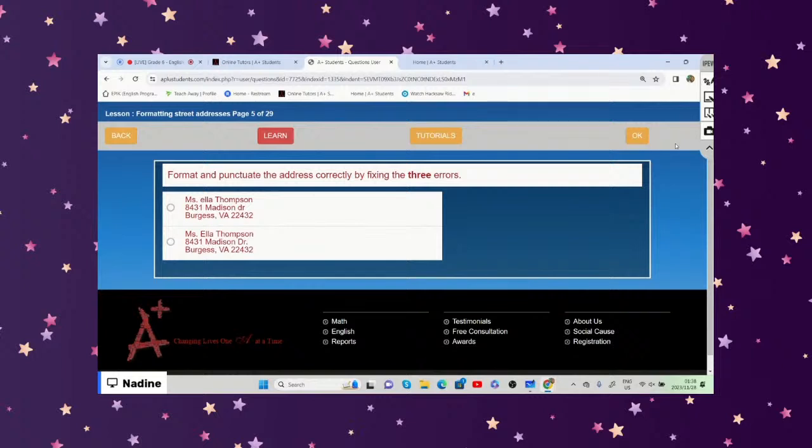But if we look at the second one, it says Miss Ella Thompson. We are addressing it to Miss Ella Thompson, right? The street address is 8431 Madison Drive. And we need to put an endpoint after that abbreviation. For example, DR.